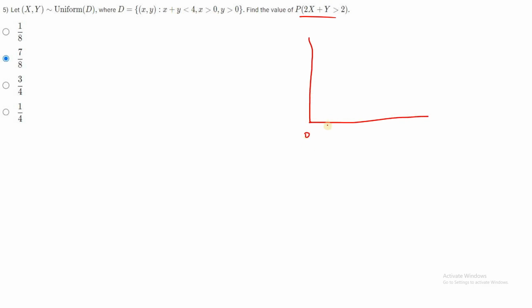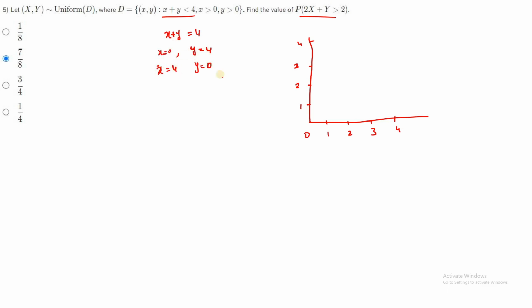Okay, 0, 1, 2, 3 and let's say 4, 1, 2, 3 and 4. Okay, let's try to plot this particular thing. What is this? x plus y, let's consider 4. So if x is 0, what happens to y? y is equal to 4. And if y is equal to 0, what happens to x? x is 4.